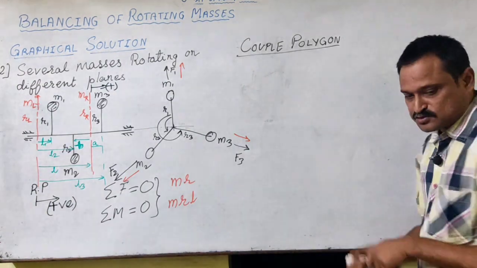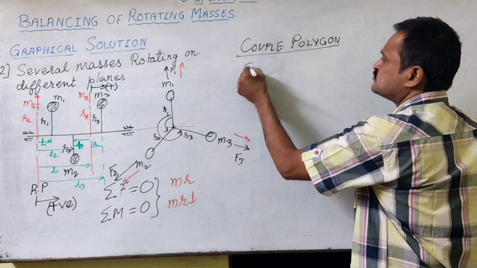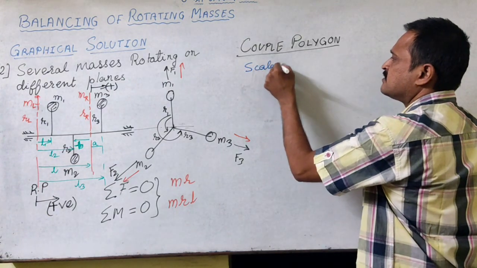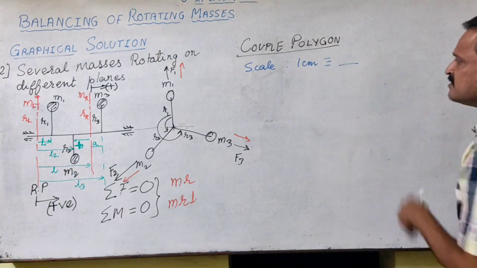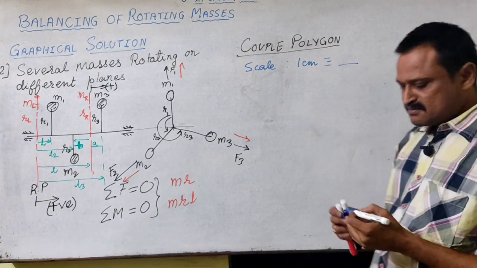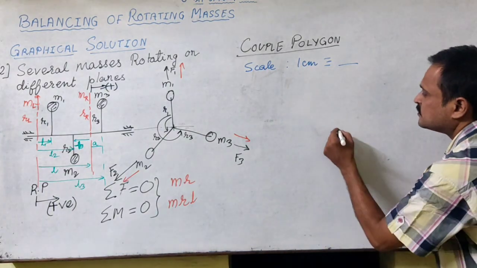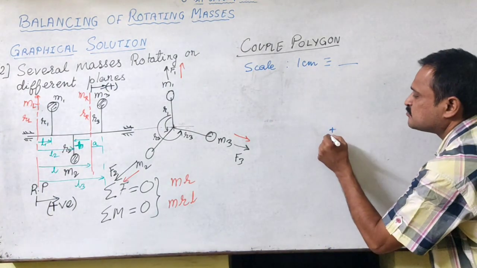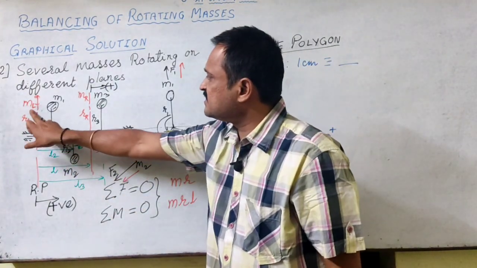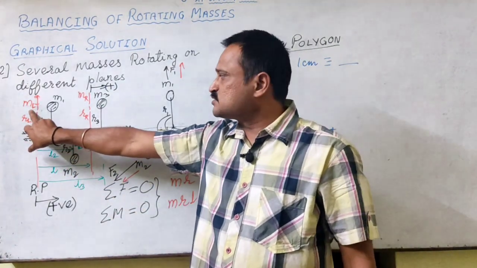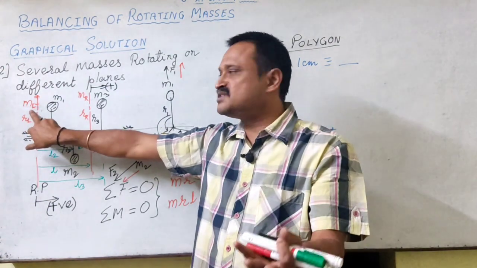We will select a suitable scale, maybe 1 centimeter or 1 mm will be equal to MRL. So now I select the pole for the couple vector. Now we have taken this as the reference, so the couple due to mass L will be 0.